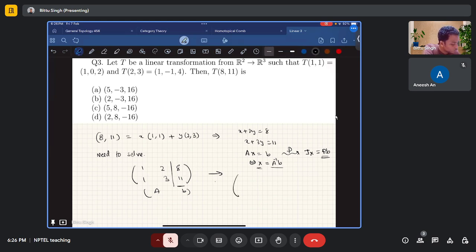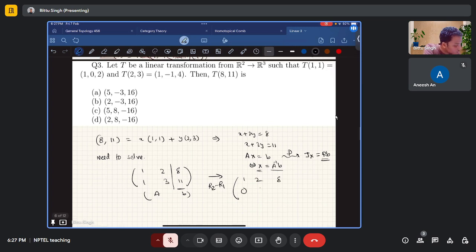So R2 minus R1, this row operation, will give me 1 to 8 and 1 gets 0. 3 minus 2 is 1. 11 minus 8 is 3.